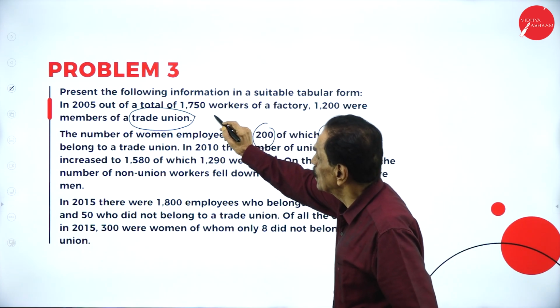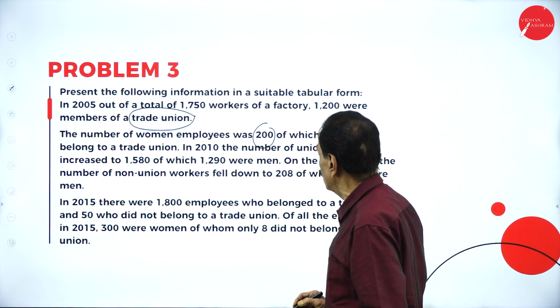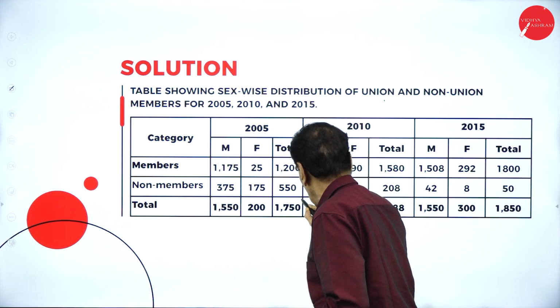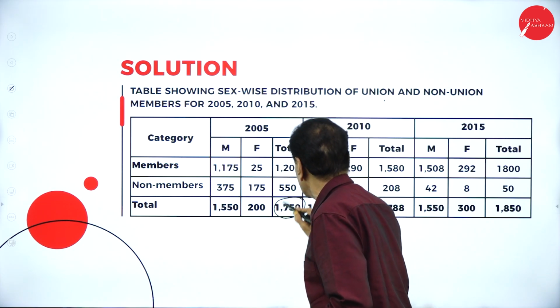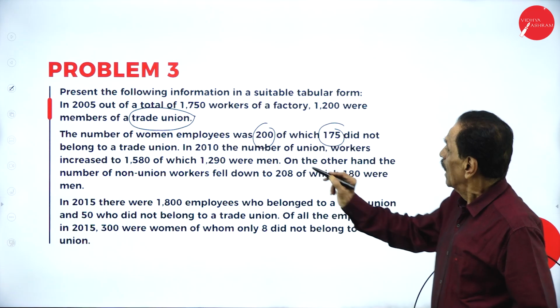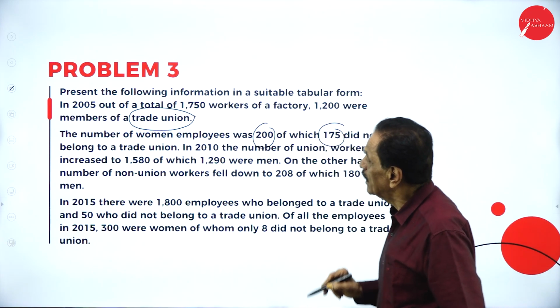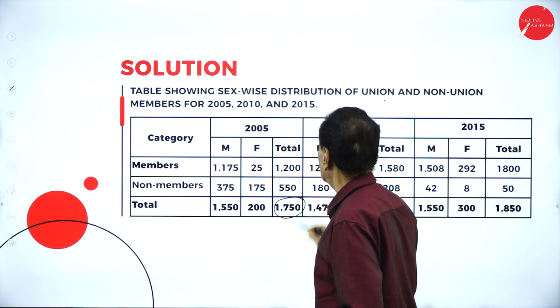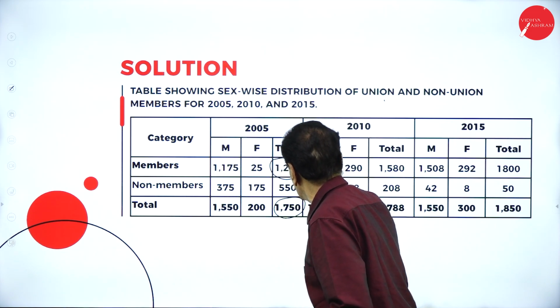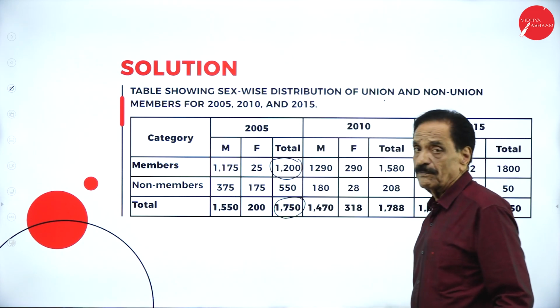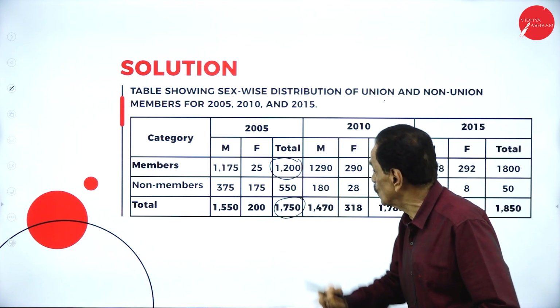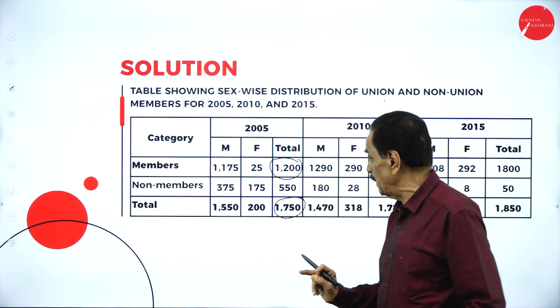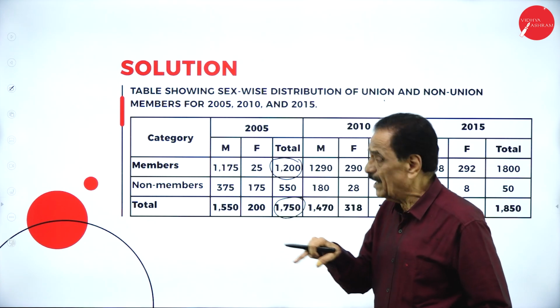So first, how much does he say? There are 1,750 workers in 2005. Of these, 1,200 are members of the trade union. Out of 1,750, only 1,200 are members of the trade union, which means 550 do not belong to the trade union.